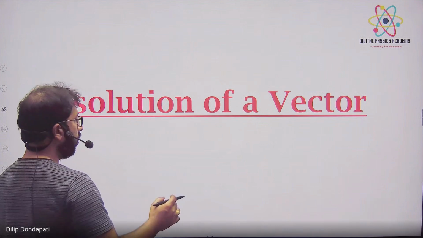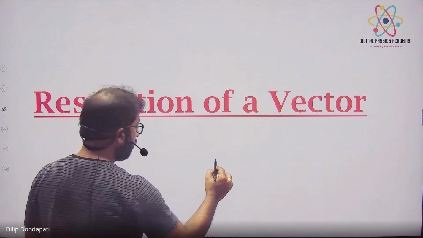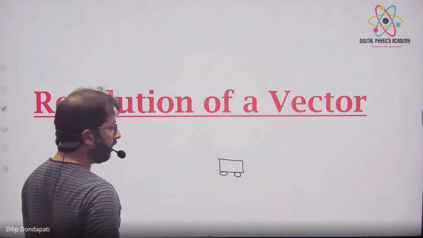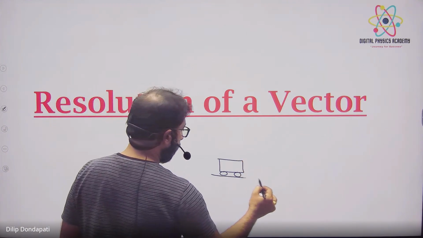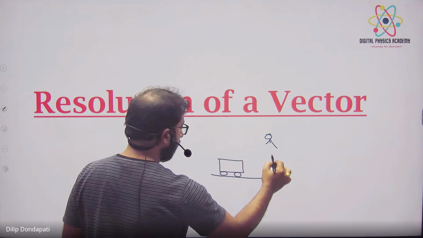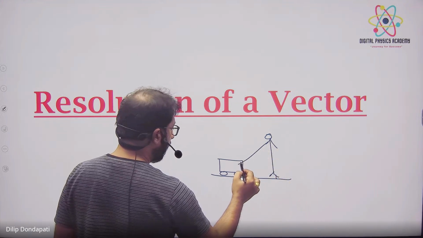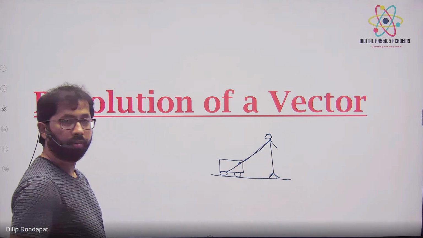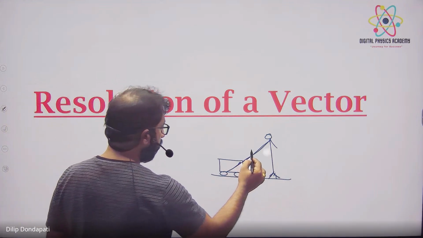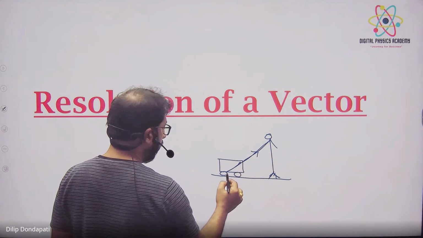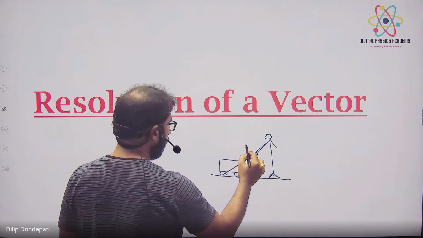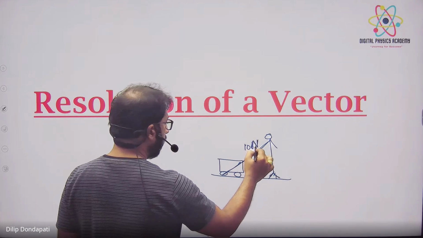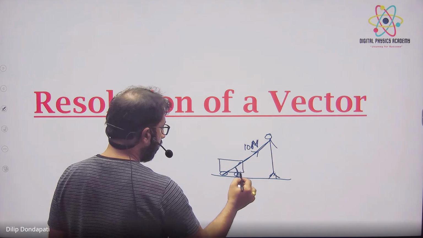Okay, so I'll give one example. Suppose there is a suitcase, a luggage. A person at the airport is taking the luggage and walking. I am applying a force, suppose 10 newtons at an angle of 60 degrees.